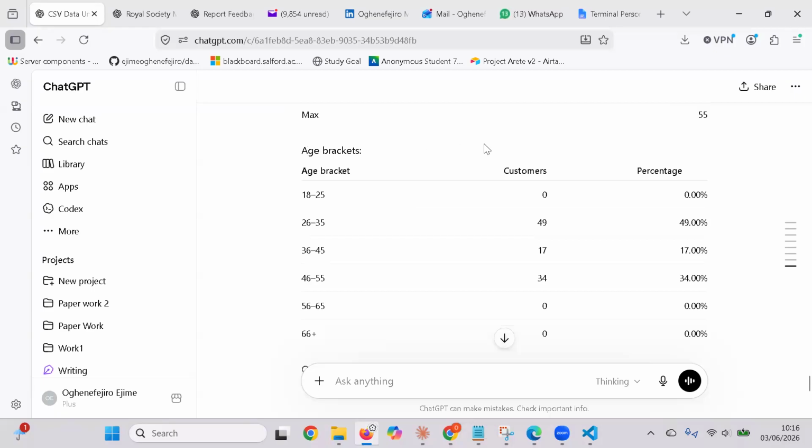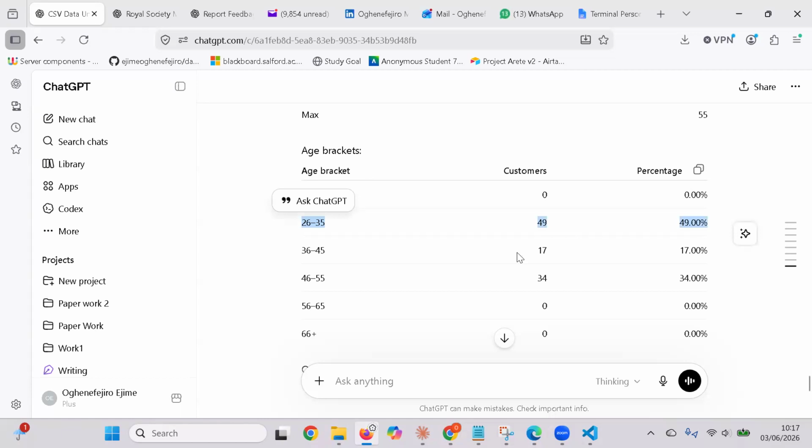Now, again, the age bracket, it came up with another summary. From 18 to 25, we have zero customers. Imagine if you were running an ad for your company and you went to run an ad for 18 to 25, they are not your customers. You have 0% in age 18 to 25. Age 26 to 35, you have 49 customers, meaning this is the age range that is more interested in our product and services.